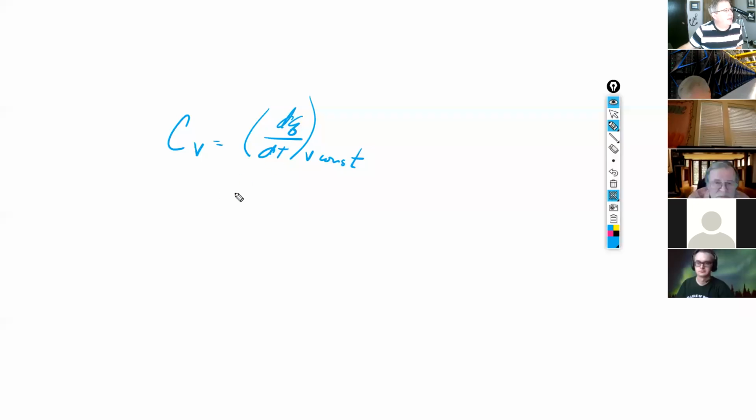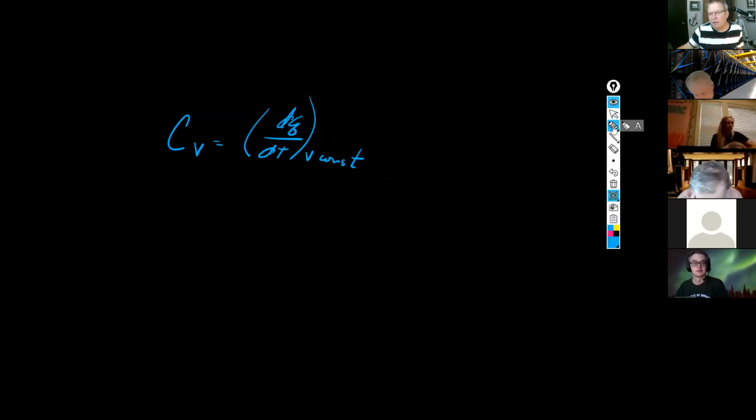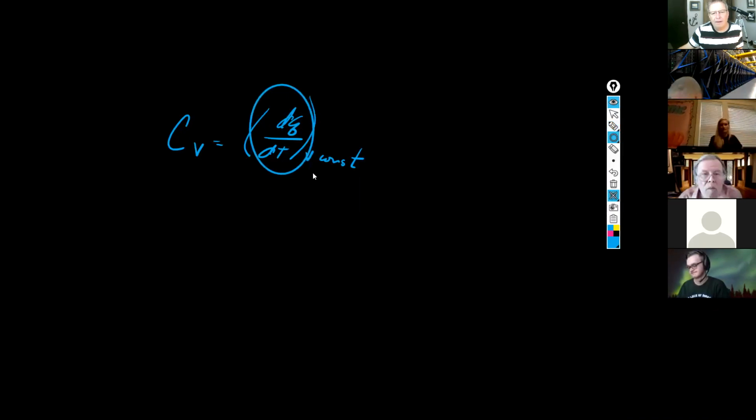What I find in a lot of students who are learning is that when they see this, they don't really know how to read this. They go CV equals dQ dT when V is constant, which is fine, but what is this in the parentheses? How the heat changes with time?